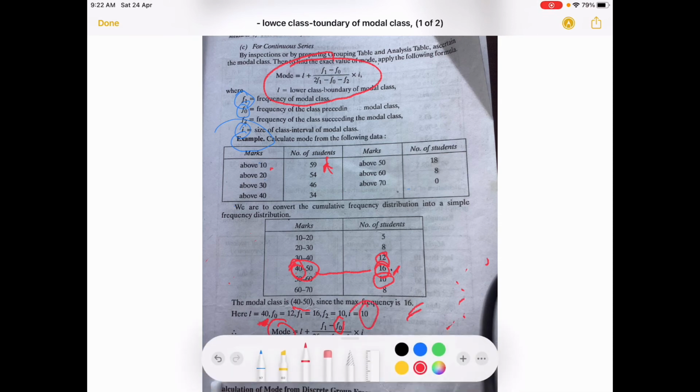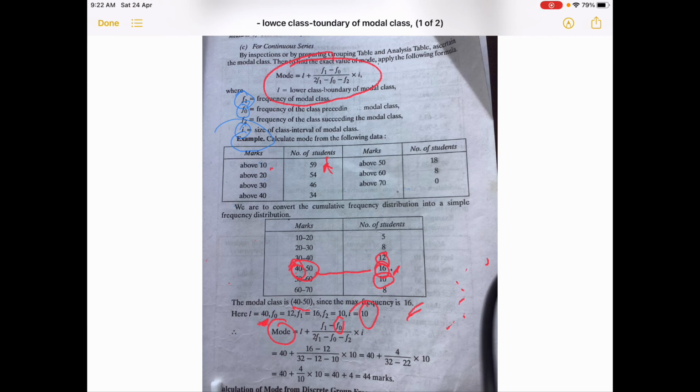Okay, you got everything, now you can simply put it in.